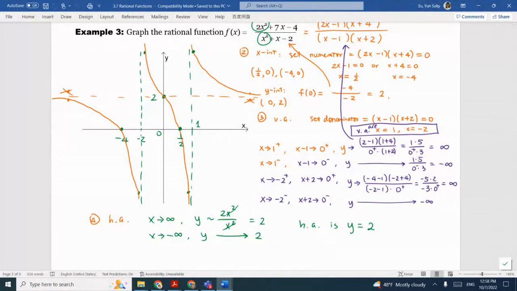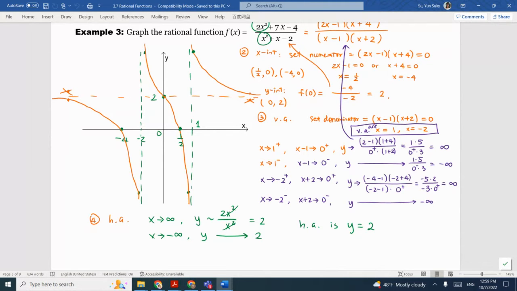And you let x go to minus infinity and you see what happens to the y. If y goes to a number, then we have a horizontal asymptote. Horizontal line, y equals that number. So a horizontal line is an equation. So don't just answer a number. It's an equation. y equals that number.